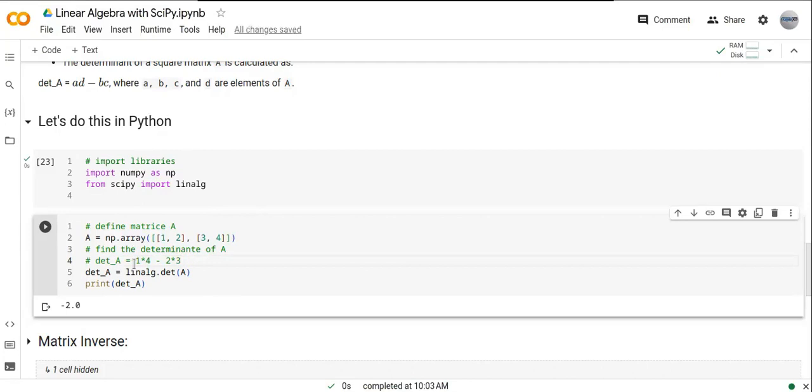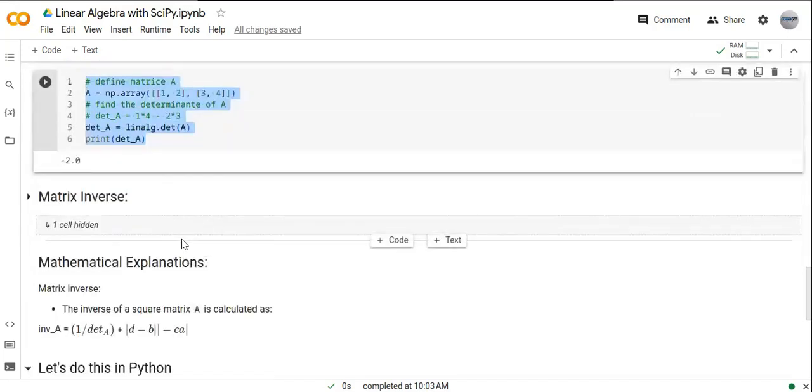So this is 1 multiplied by 4 is 4, minus 2 times 3, which is 6, that is -2. So instead of calculating manually, we can just use this simple function to find the determinant of matrix A.